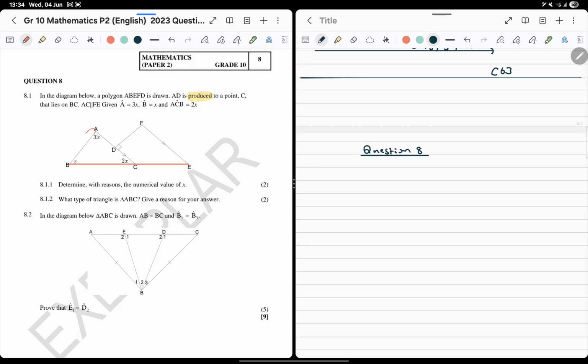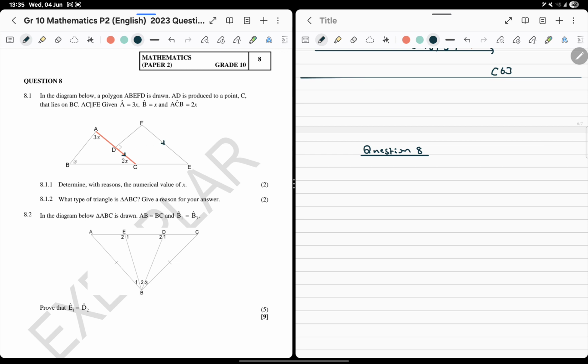AD. Goodness, I marked the wrong line. AD is produced, so this is a straight line.